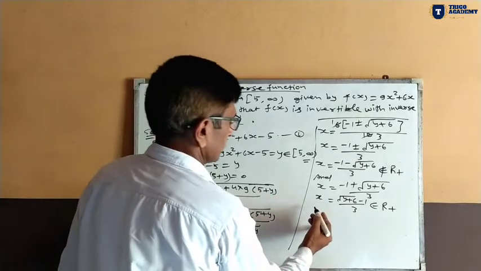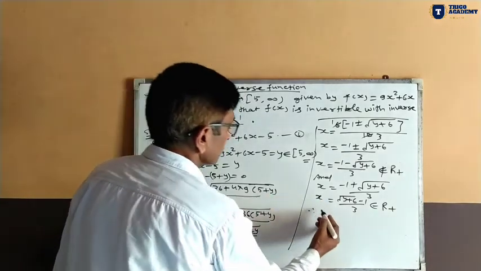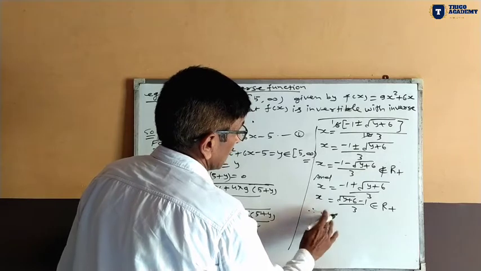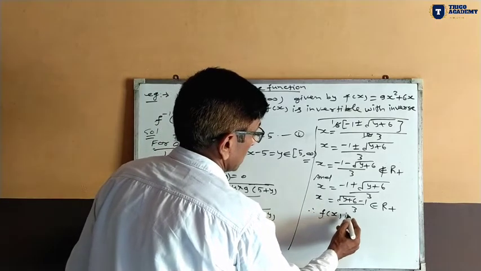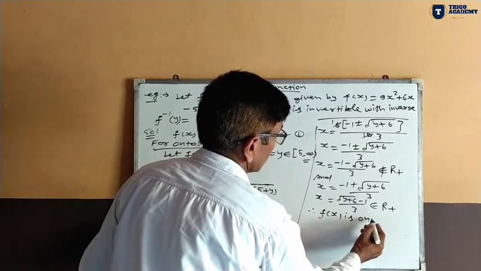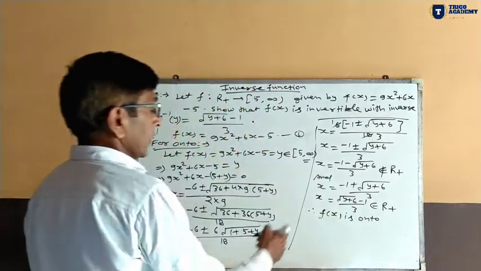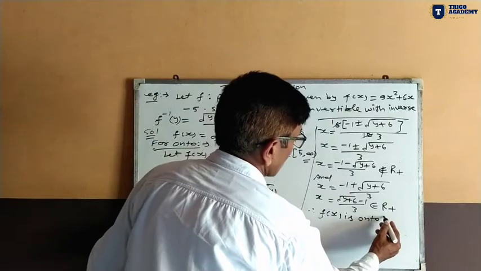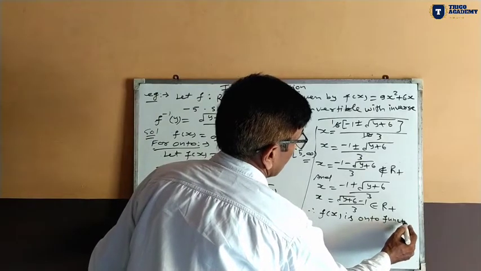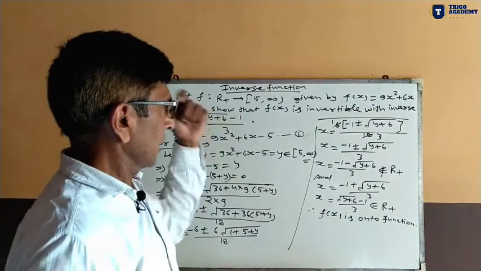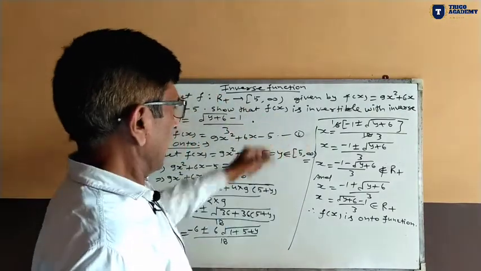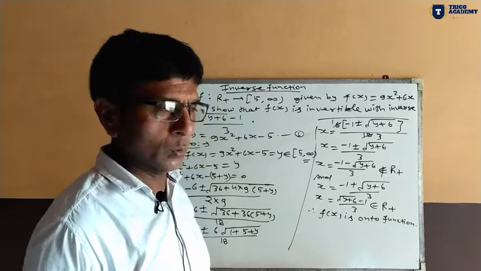Due to this, therefore function f(x) is onto. Function f(x) is onto function. In this way, this function f(x) is one-one as well as onto.